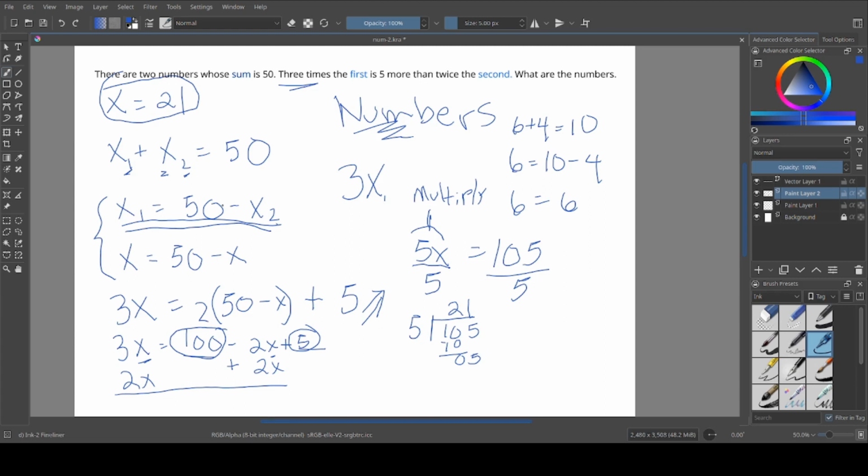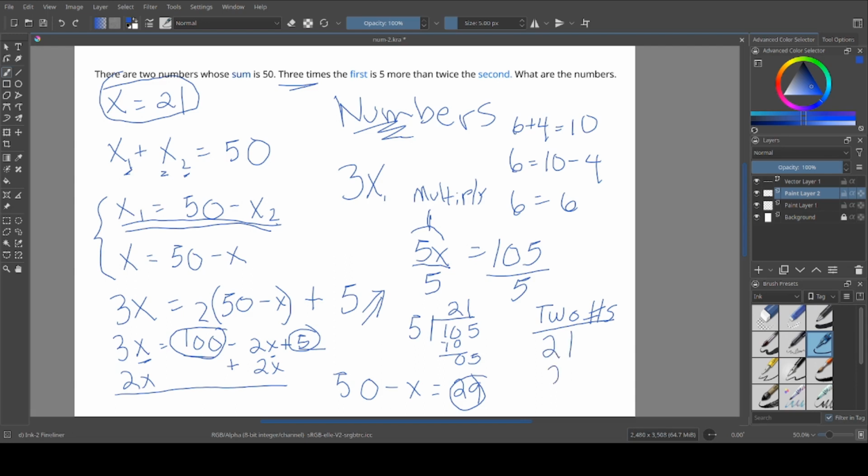Then if you want to find out what x2 is, we can just substitute. So I can say 50 minus x equals 29. So my two numbers are 21 and 29.